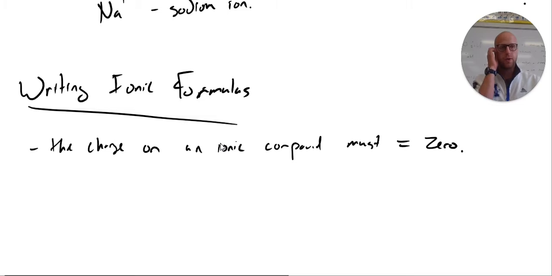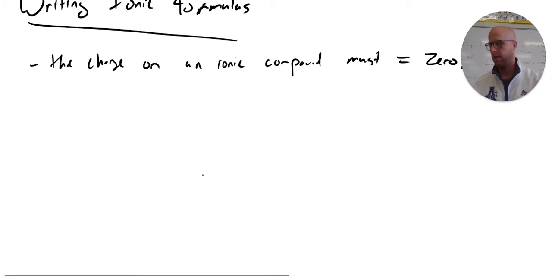In other words, my positives have to equal my negatives, so they have to balance out. If I lose 3 electrons, something else has to gain 3 electrons. You can't have an uneven charge when you're writing ionic compounds. Let's take a look at some of these.